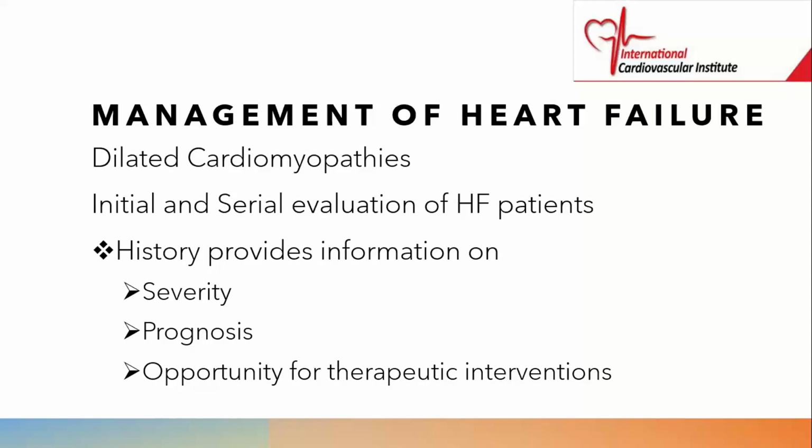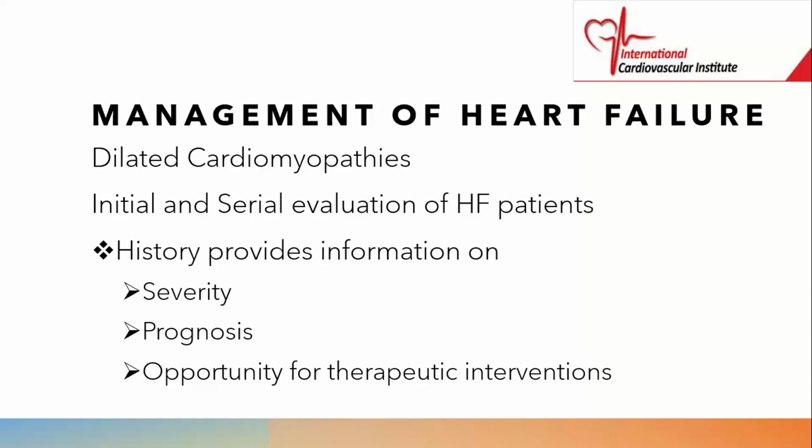The history is also going to give you information on the severity of the disease. It will give you some insight into the prognosis and the opportunity for therapeutic intervention. So when you're doing your history, you have to get a lot of information about the shortness of breath, when it started: weeks, months, whenever.